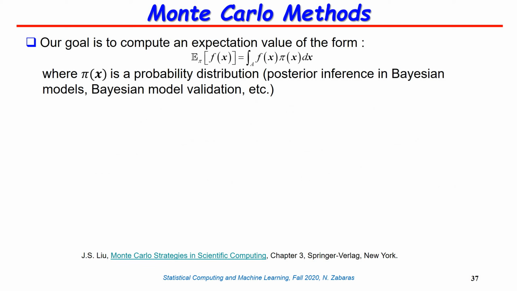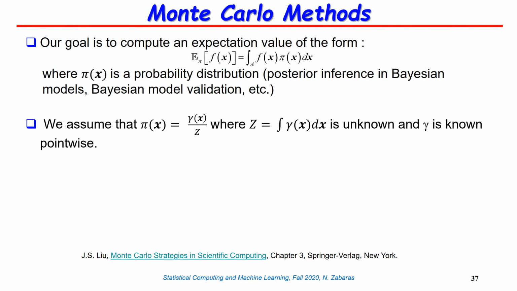All right, so Monte Carlo methods, I'm going to go very fast so we don't spend time repeating the same things. Remember, the idea is we have some distribution pi, and we want to compute expectations of different functions f of x under the distribution pi of x. Okay, we assume that pi is known up to some normalization constant, and again here, to be consistent with the notation in these lectures, I write the unnormalized part of pi as gamma.